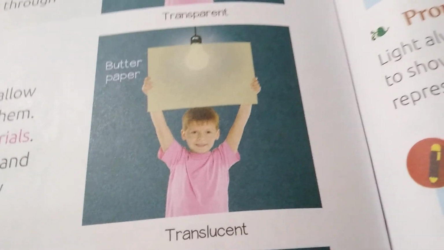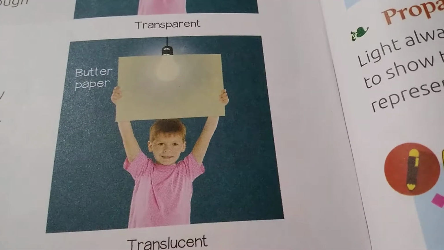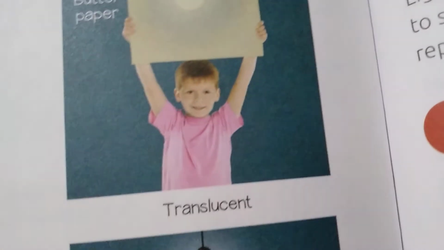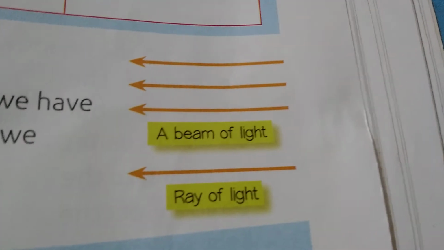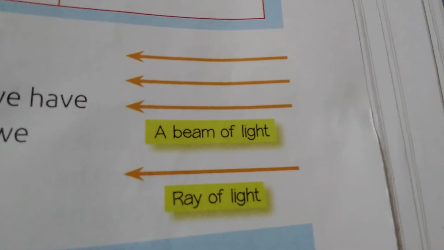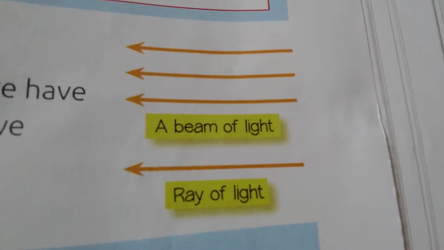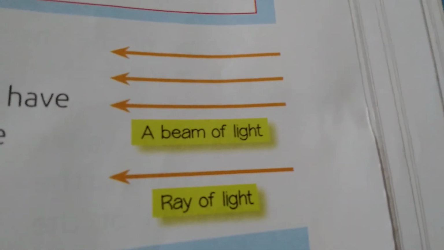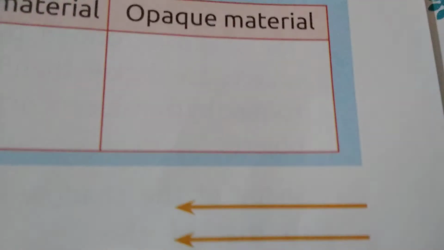Okay. Now, I am telling you how light travels. Actually, light always travels in a straight line. Whenever we have to show the propagation of light in any diagram, we represent it either with a ray or a beam.